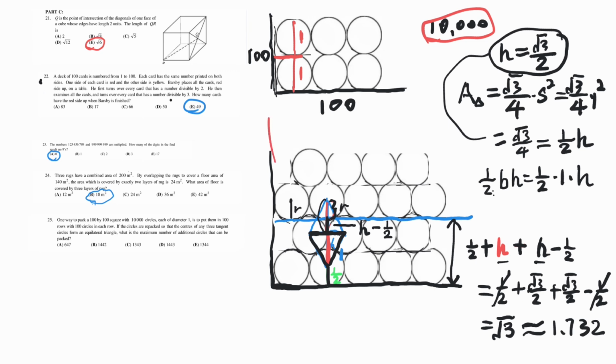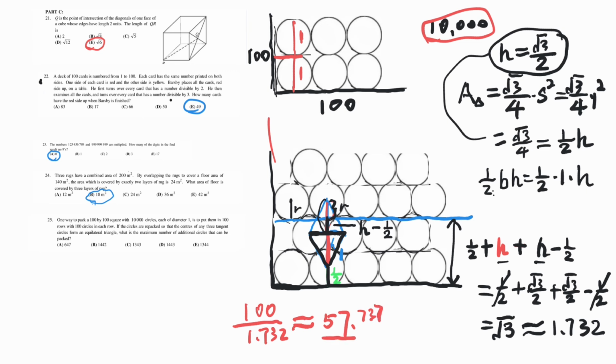The total height is still 100 units, so we use 100 divided by √3, 1.732, which is roughly 57.736.